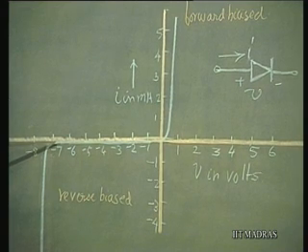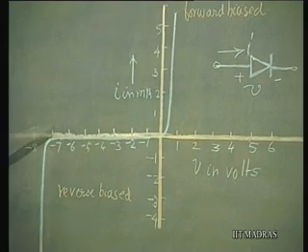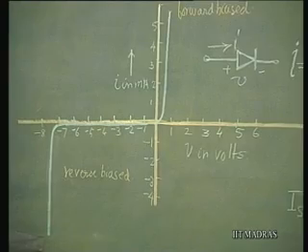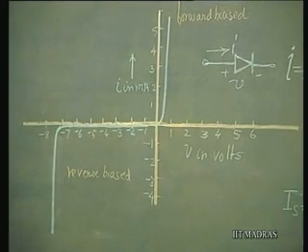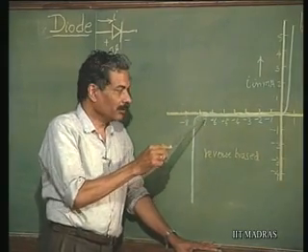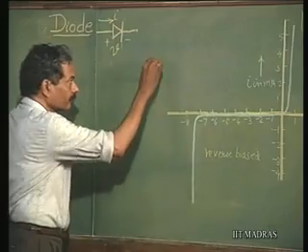But as you reverse bias it more and more, a region is reached. This region is called the breakdown region. The diode breaks down, that is, it now permits any amount of flow of current.